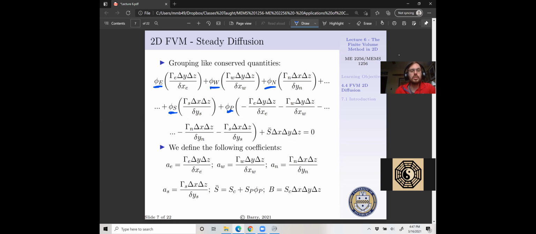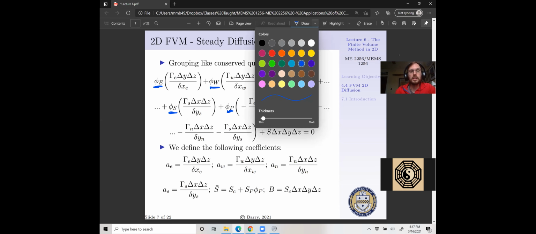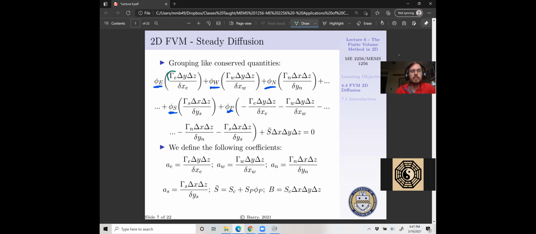And when we do this, we see something relatively familiar, right? If we were looking at delta x east, in this particular situation, we have our diffusivity in our east face per the distance between our two cell centers. And if we go back a lecture, let me pull this up. I'm actually going to go back quite a few lectures.